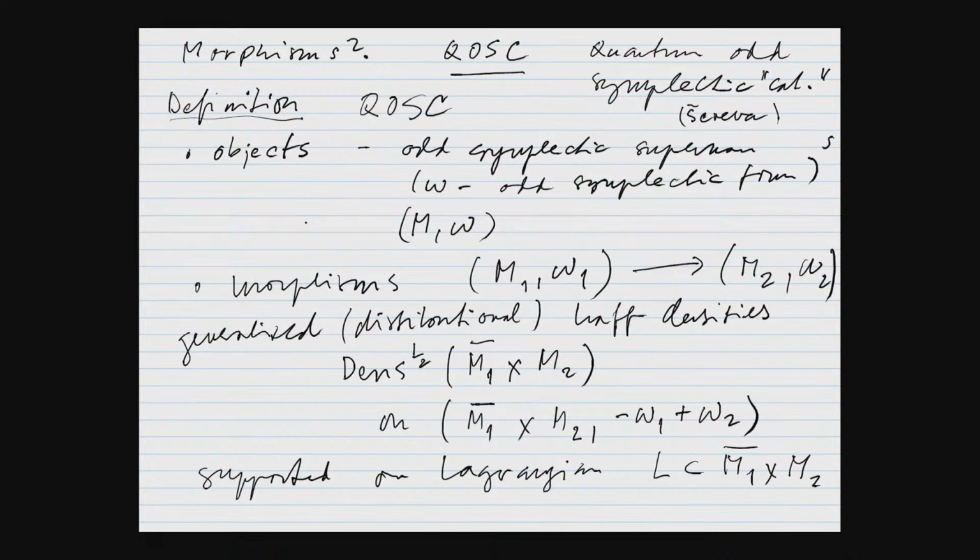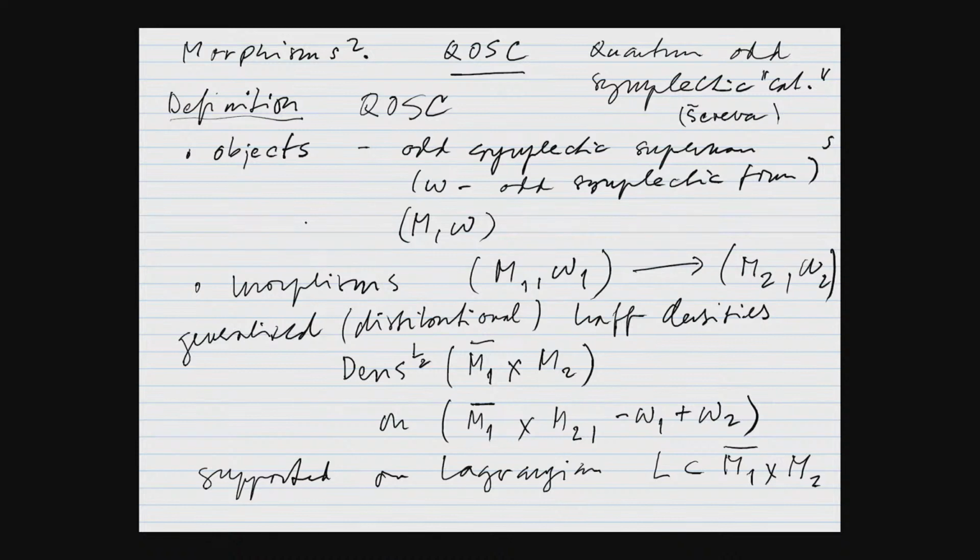But what you can do, and what was the proposal of Cattaneo, inspired by Weinstein's symplectic category, is that you would consider correspondences. So what is a correspondence? You would take two symplectic manifolds.